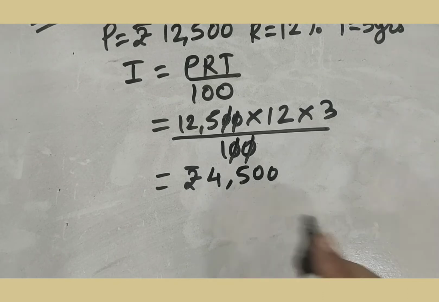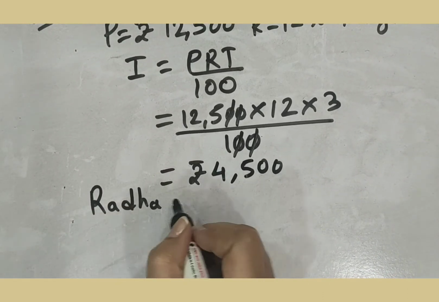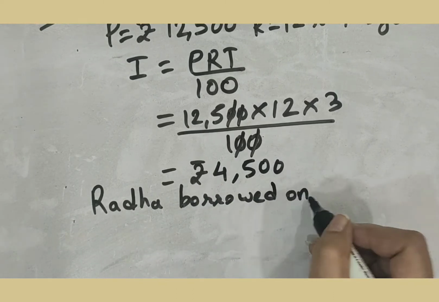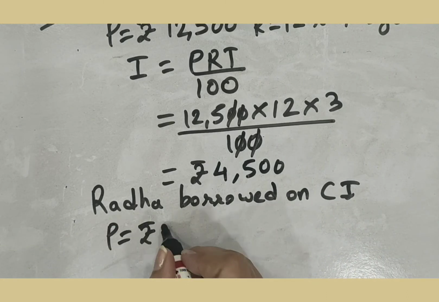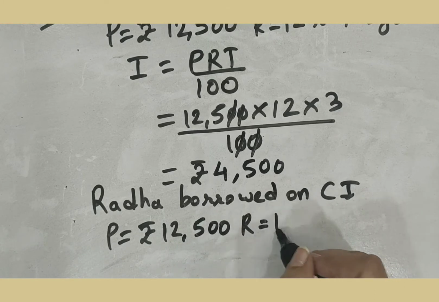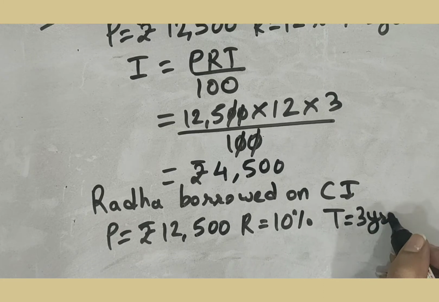Now let us calculate for Radha. So Radha borrowed on compound interest. Now her principal is rupees 12,500. Rate of interest is 10% and time is 3 years.